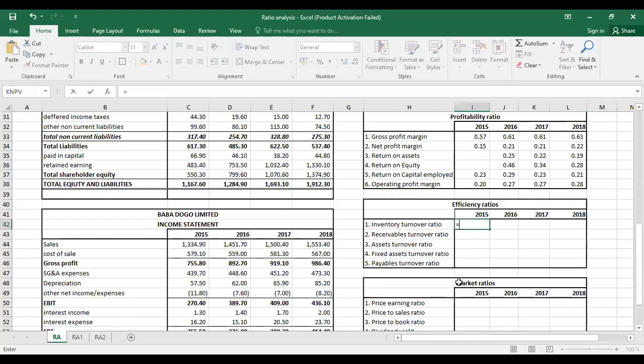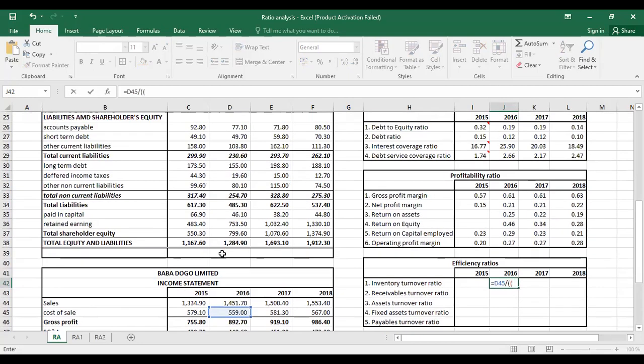So here, equal, the cost of sale. Remember, we'll skip the first one. It will not start in 2015 because of the average. So the cost of sale in 2016 divided by, you open your brackets, 2 brackets, for the average inventory.